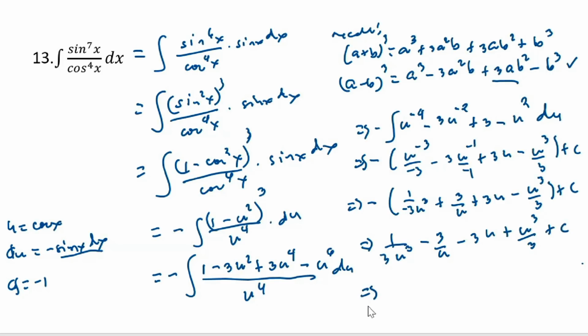So finally, we have now the answer of 1 over 3 cosine cube of x minus 3 over cosine x minus 3 cosine x plus cosine cube x over 3 plus a constant.